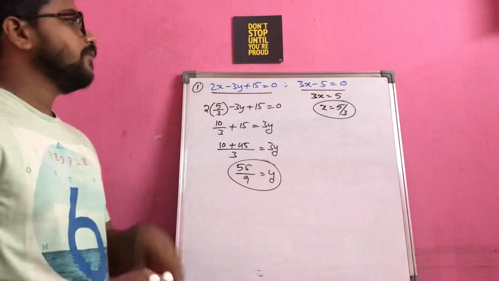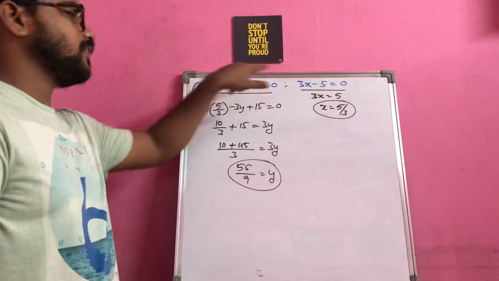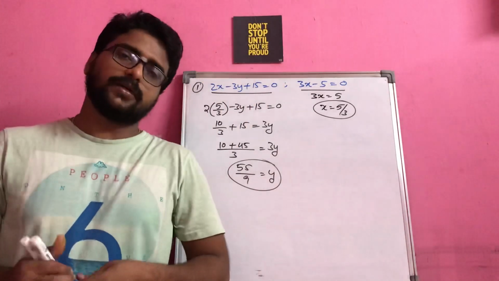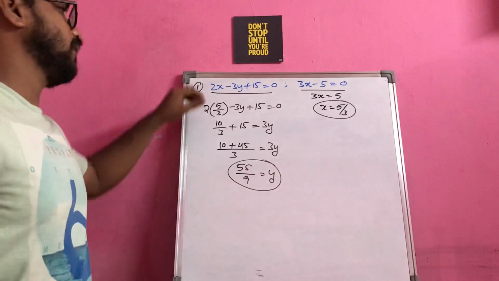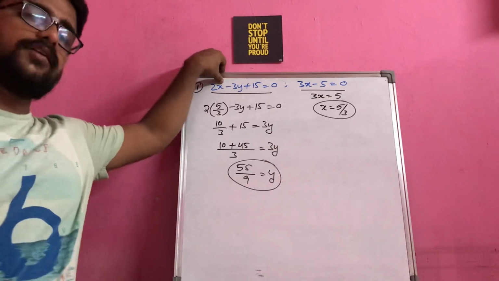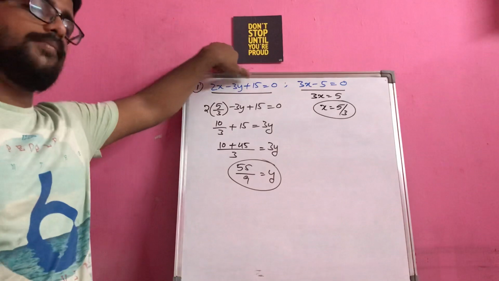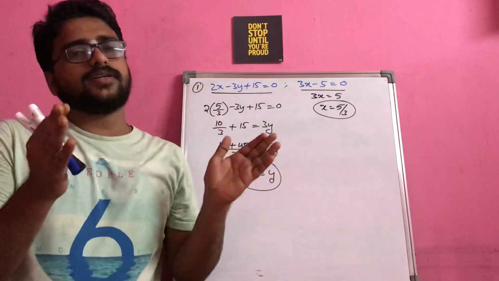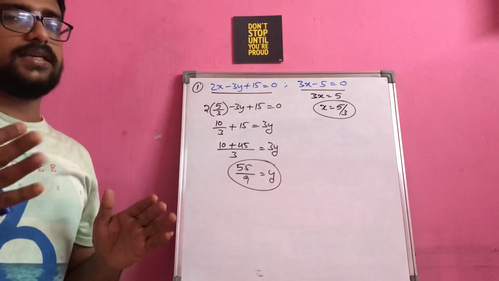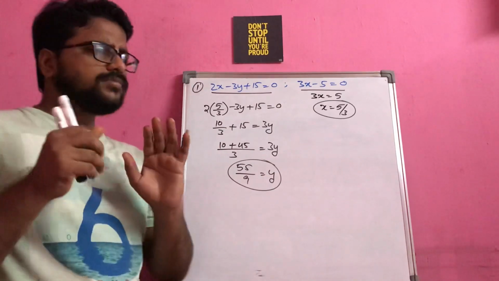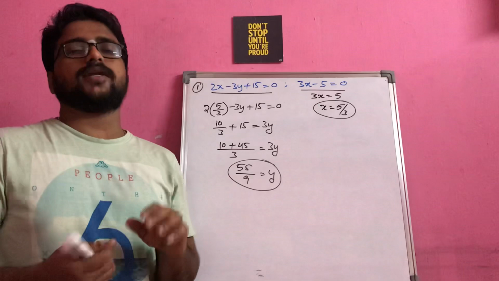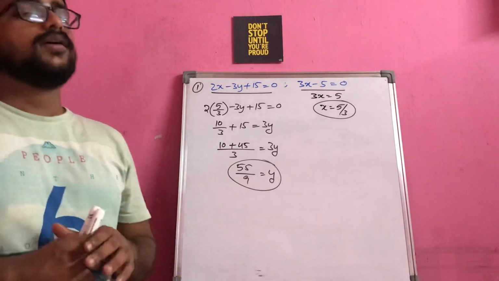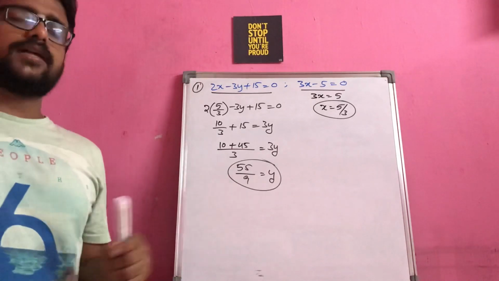Even if you get the value of x from the first equation and substitute it in the second, you will get the same answer. But when you try to get the value of x from it, you will have 3y minus 15 by 2. When you substitute this, the number of terms in the substitution part increases, so it may look a little complicated, but it is actually not complicated. You can get the answer by doing that also.